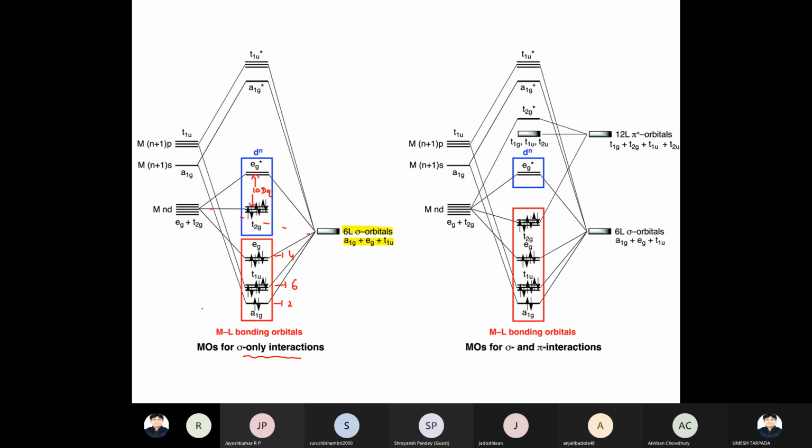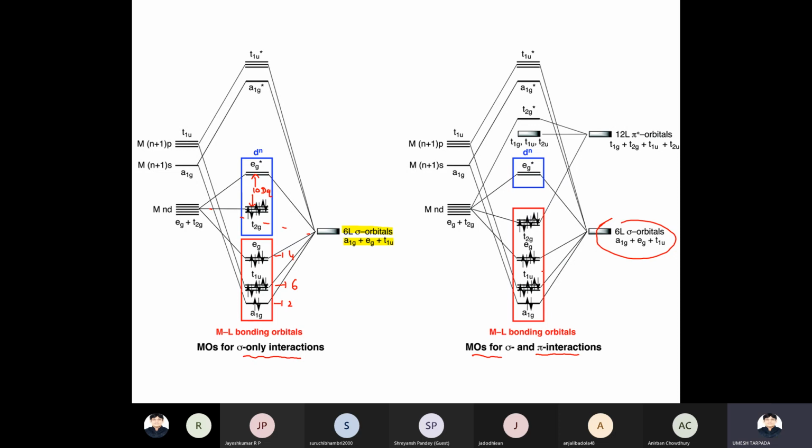Now, if you go for pi donor ligand, pi bonding, metal to ligand, pi interaction. So see, this is the case for sigma. Red indicates it is, but of course it is a case of sigma.